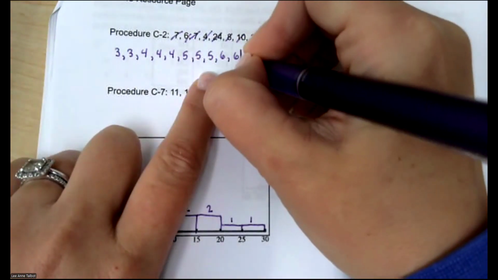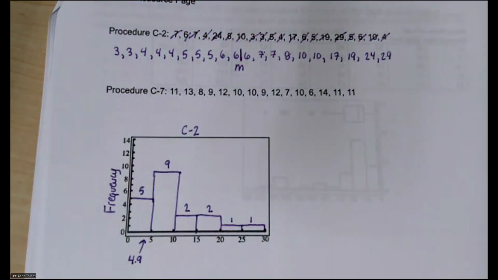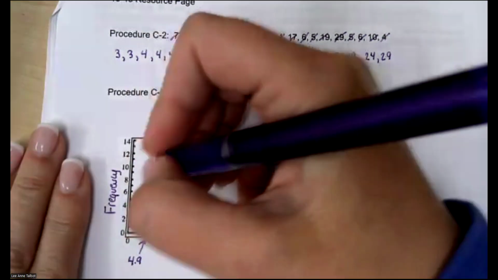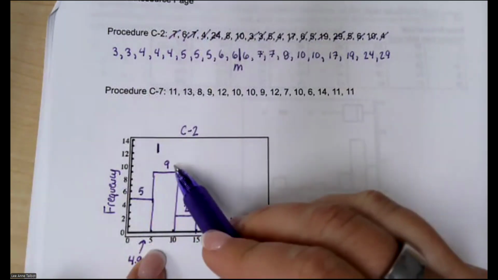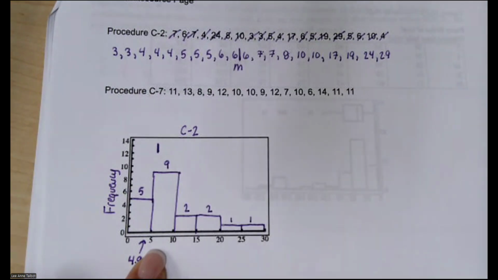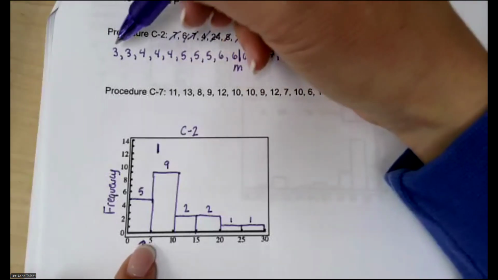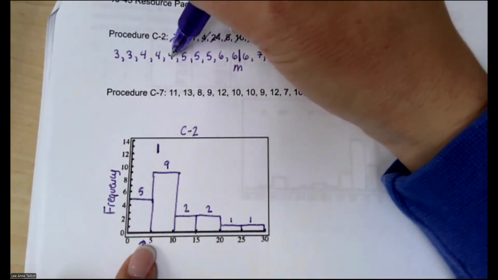Okay, so the median would be right in between those two sixes, which is 6. So I'm going to come to 6 and draw a vertical line here at 6. 2, 3, 4, 5.